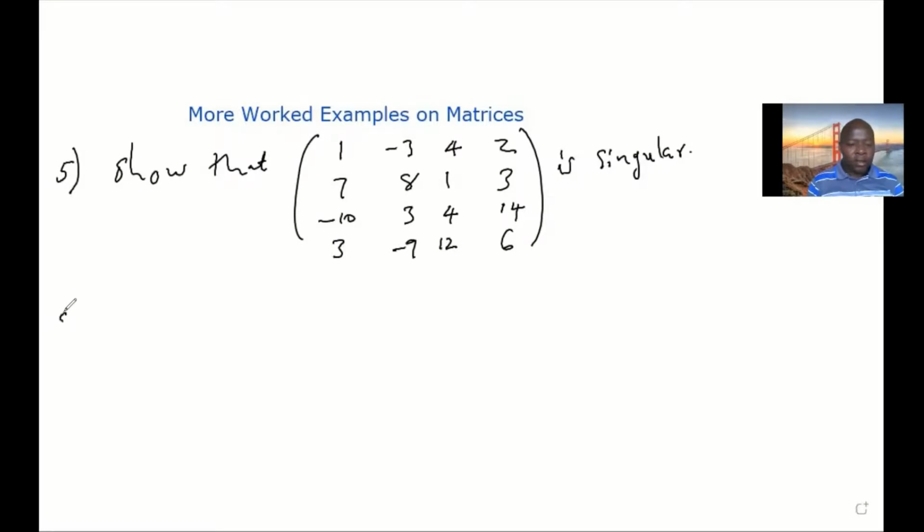Let me do my solution here. First of all, I discover that there is a common term in row 3, so I can put it outside. There's a common term in row 3. So row 1 remains what it is.